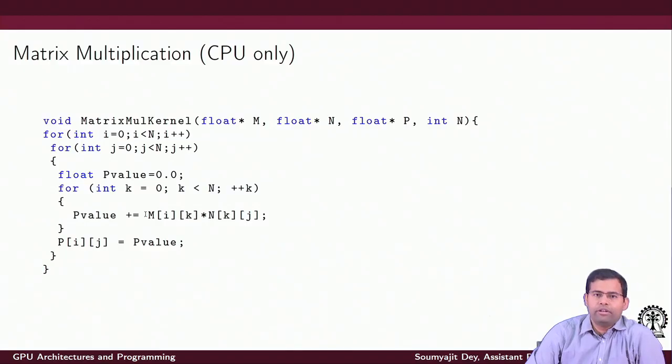That is the essence of any standard CPU only matrix multiplication program. So we have the outer two loops selecting i and j, and inside the inner loop we carry on the computation of the ijth entry of the output matrix.